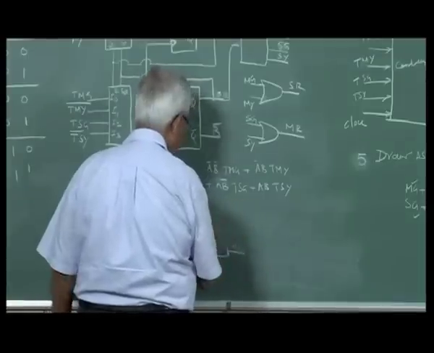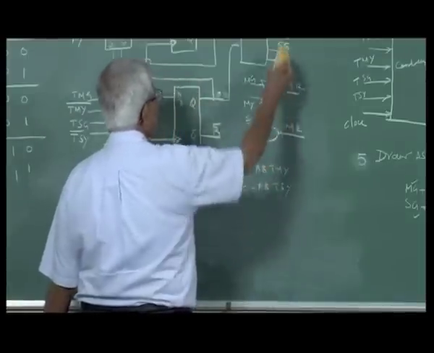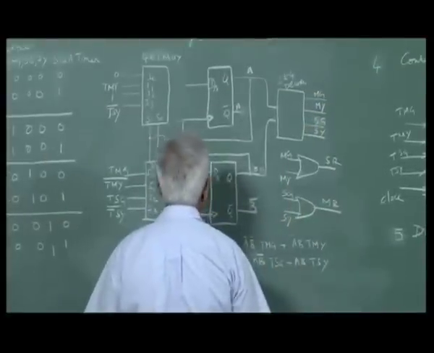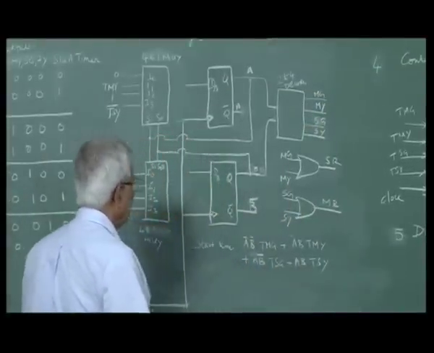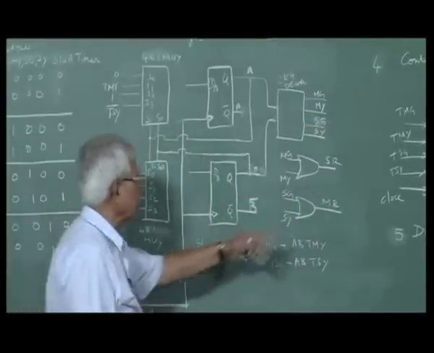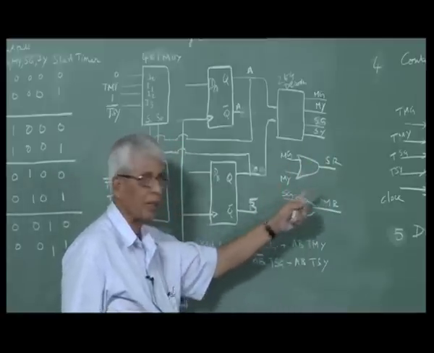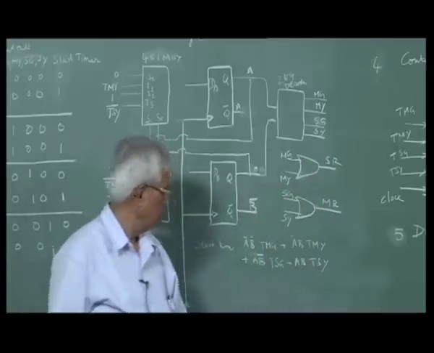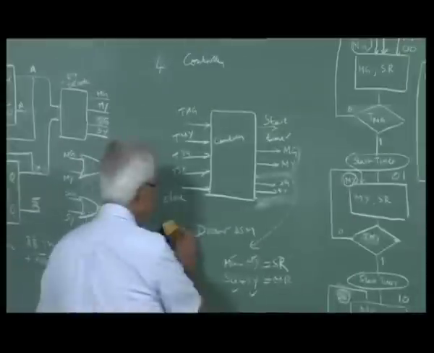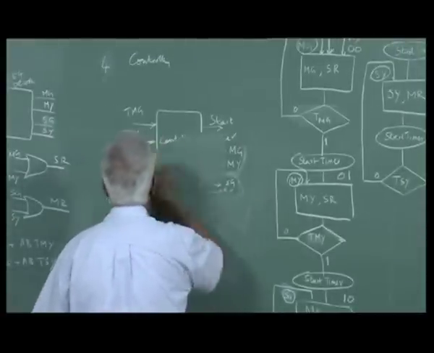So the 4 output signals MG, MY, SG, SY are obtained. Combining MG and MY you get SR, side red. Combining SG and SY you get MR, main red. And starting signal is given by this equation.